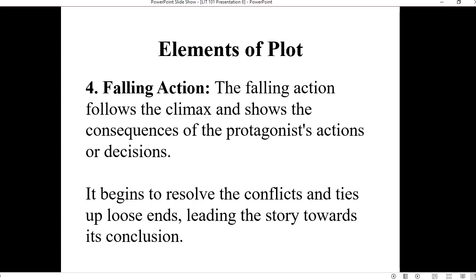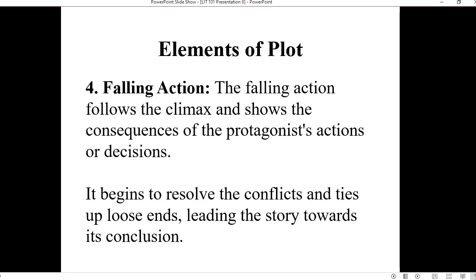That's why we say it is the aspect that follows the climax and shows the consequences of the protagonist's actions or decisions. Whatever has happened to him at the climax that has changed his situation, what are the consequences of the change in his situation?